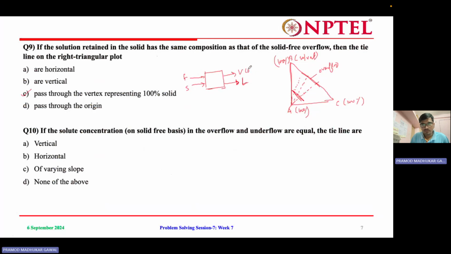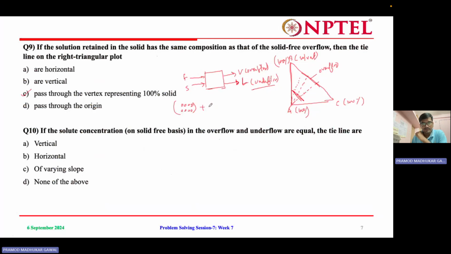This is the overflow, and this is the underflow. For example, when tea powder is used to make tea, there is a solute present which is partially miscible with the solid.